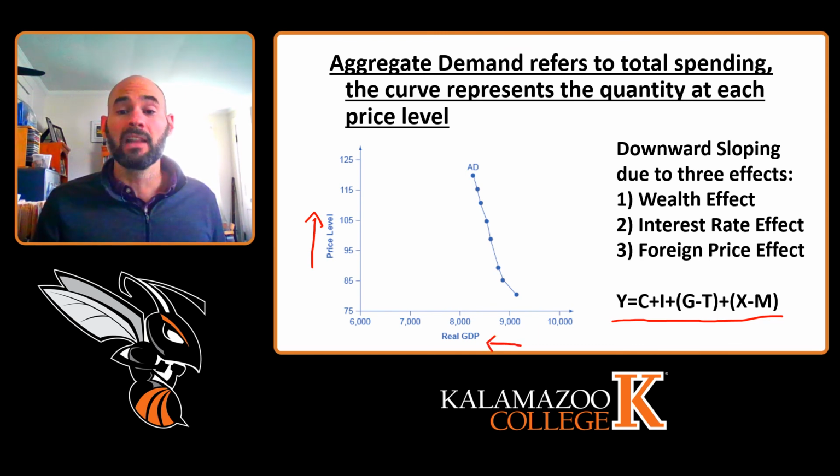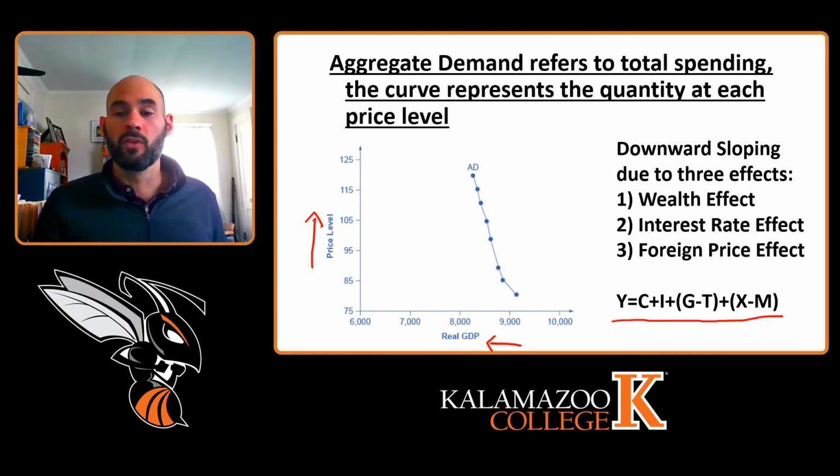And so to see why, let's first consider the wealth effect. The wealth effect is going to imply that when prices are higher, consumers are going to be able to afford less. If your annual income is $100,000 and now the prices of your monthly expenditures have gone up by $10,000, then you're going to be able to buy fewer goods and services because that's going to be spent on higher prices.